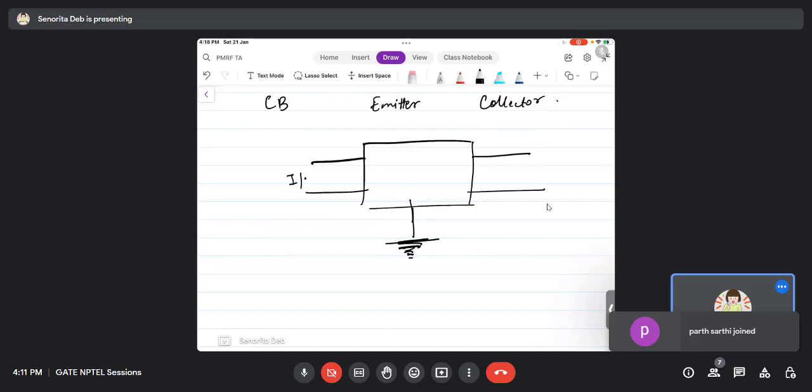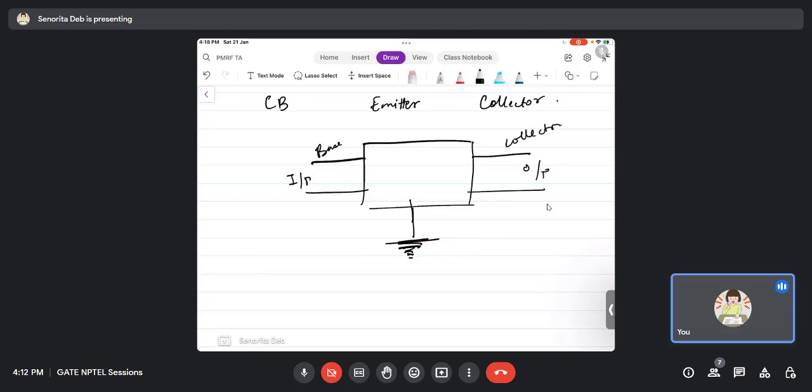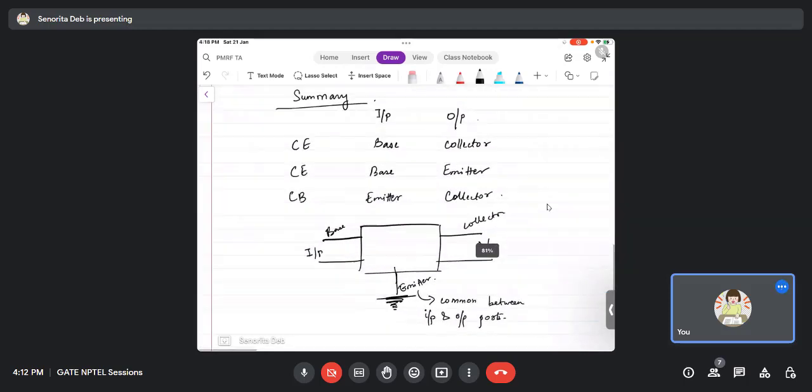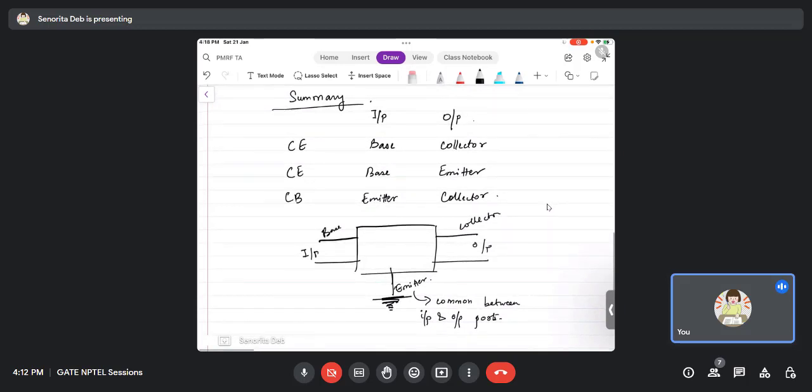You can say that for input and output, if I compare it with the common emitter or common collector, this is the base, this is the collector, and the emitter appears in common between the input and output ports. That's why it is called common emitter. Same for the other two, likewise. Just quickly take a photo or draw it.